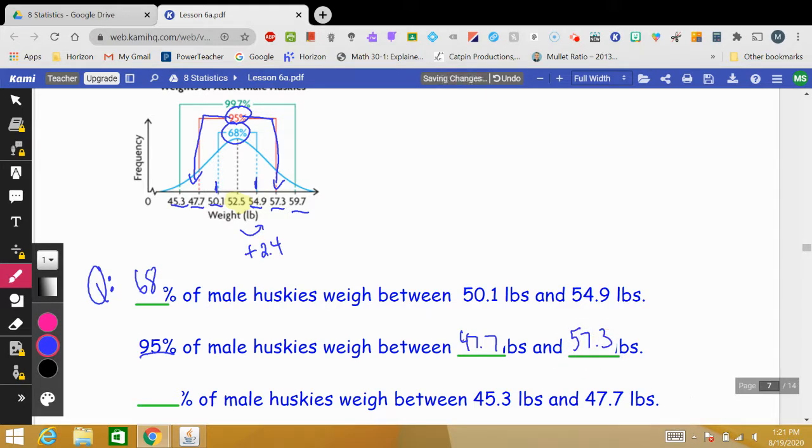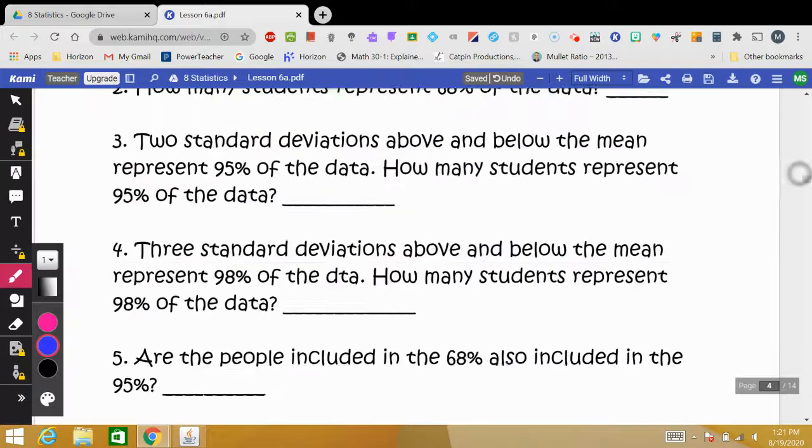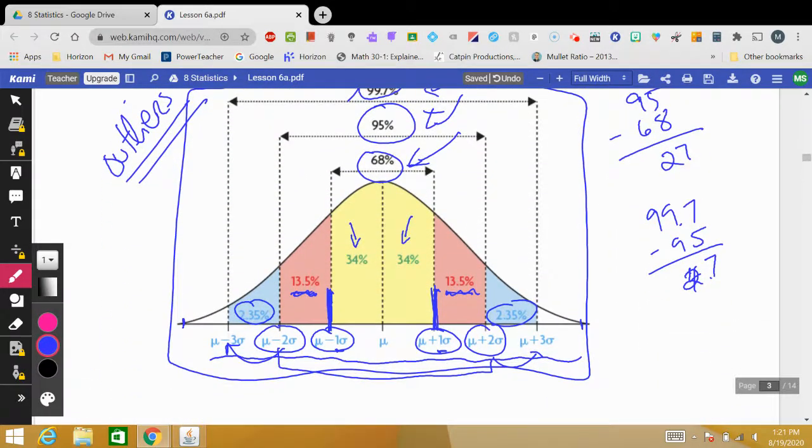Blank percent of male huskies weigh between 45.3 and 47.7. Okay, so 45.3 is right here. 47.7 is right there. So if you remember from the other page, this was 34, this was 13.5, and this was 2.35. So again, if you can't remember those numbers, all you have to do is have this note sheet right beside you so that you just have all the numbers handy.